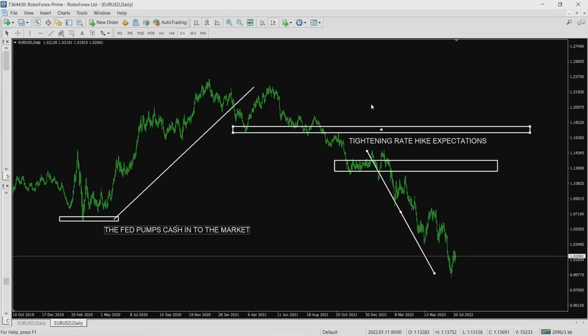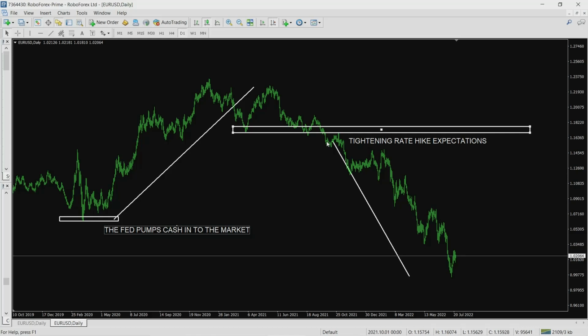But what we try to do with Cycle Sniper, we see a strong bearish move from 116, 117 to parity. But we see some zigzags here. We call them technical corrections or retracements.